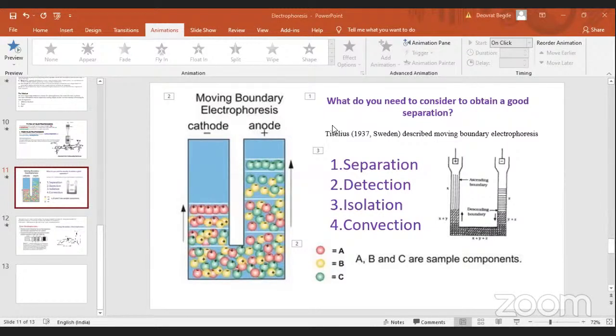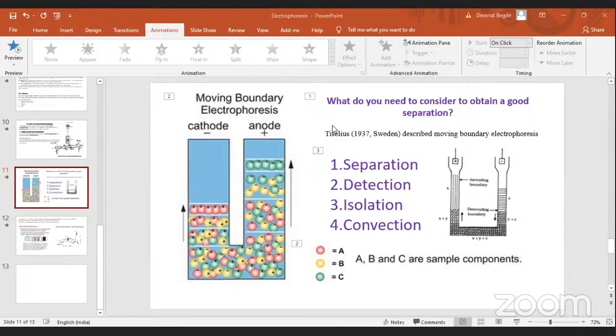And today we will understand what zone electrophoresis is, which is a kind of electrophoretic procedure where you incorporate certain stabilizing media during the process, and there are obvious advantages of incorporating these stabilizing media for electrophoresis.